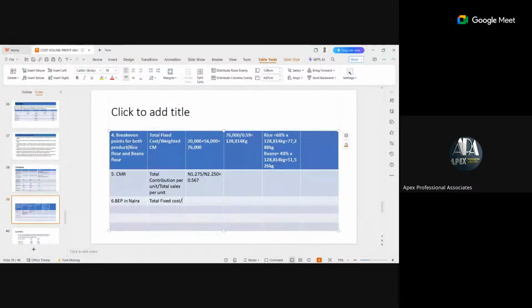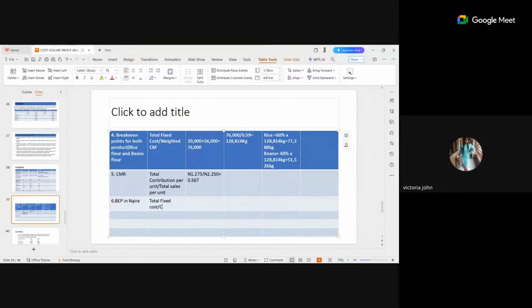The composite contribution margin ratio. Not just contribution, but contribution margin ratio, which is 0.567.